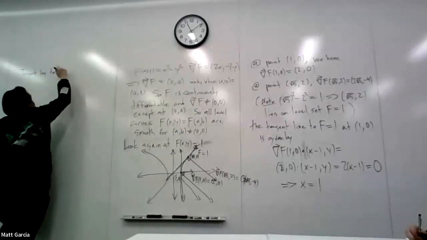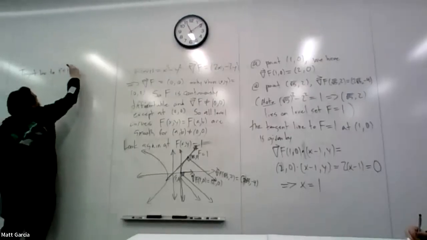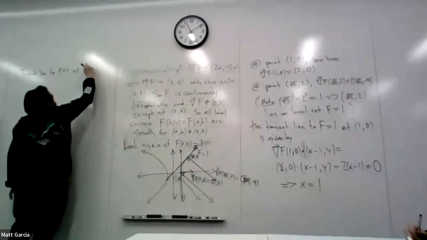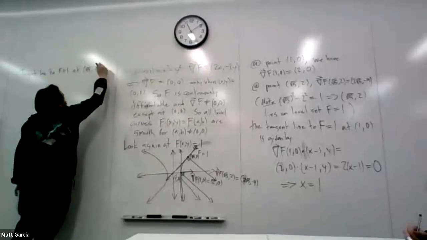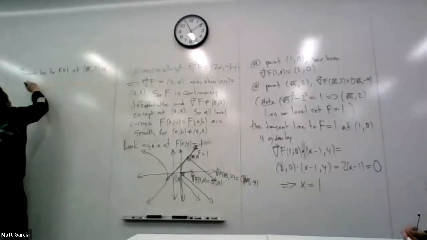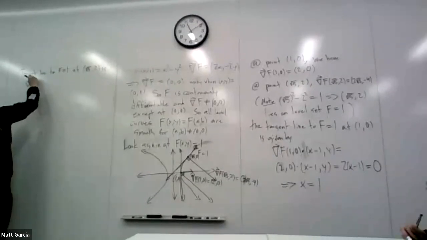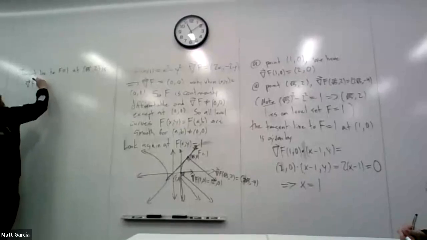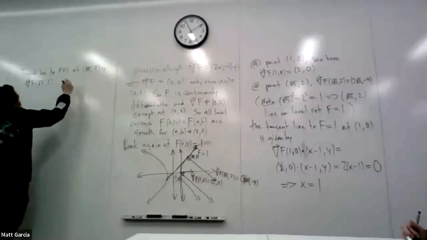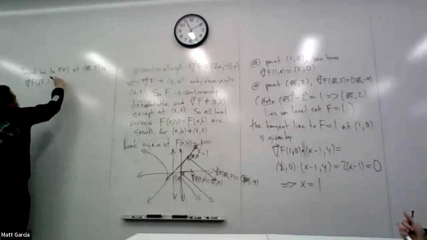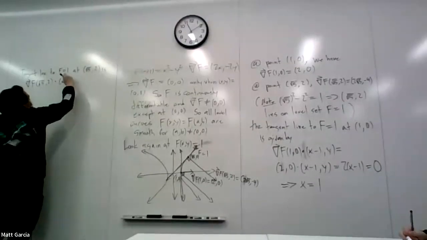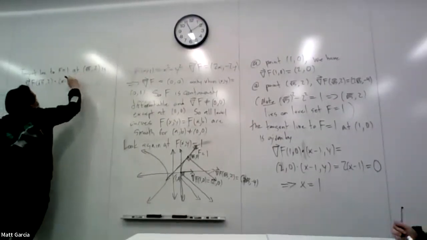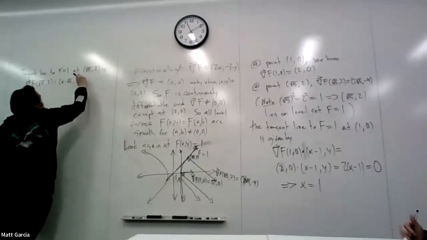The tangent line to f equals 1 at root 5 comma 2 is, again, I'll write this out in full: the gradient of f evaluated at root 5 comma 2, dot x minus root 5 comma y minus 2.